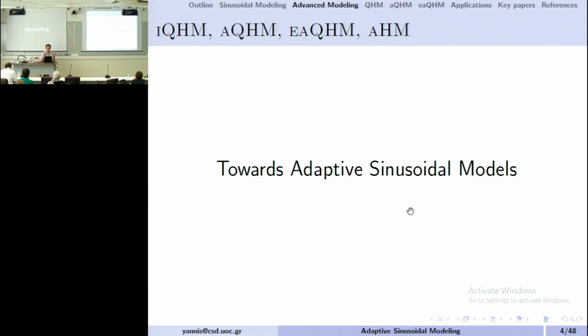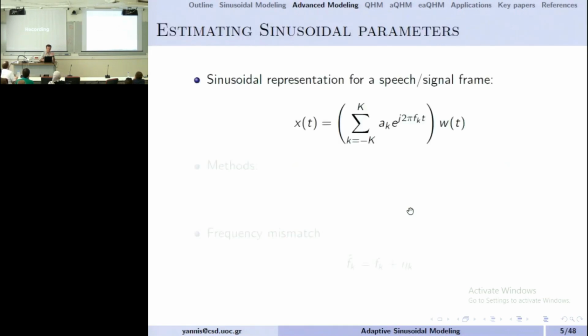If we know the frequencies, then this problem is linear, and we can easily solve it. But if there are mistakes in our frequency estimation, then obviously we do not model the amplitudes and phases of the speech very well. That is the motivation to go towards the adaptive sinusoidal model.